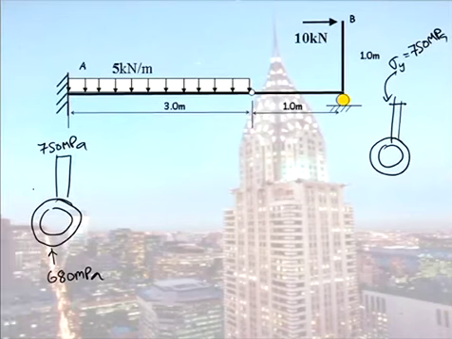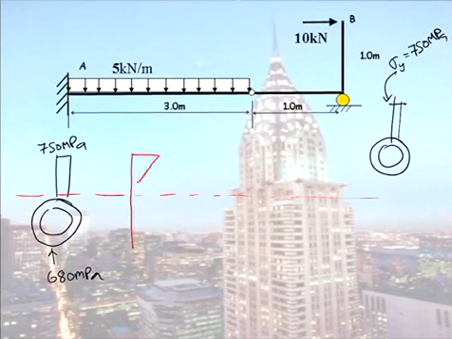Now when we have bending, our bending stress distribution is triangular. So this is our bending stress distribution, and I really should draw it sticking out of the page. But I've drawn it side on there.